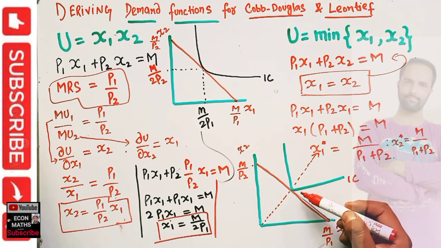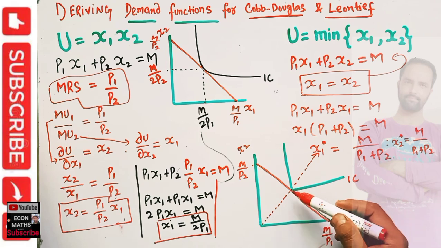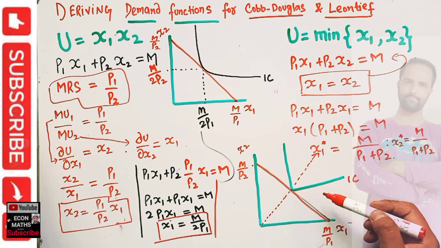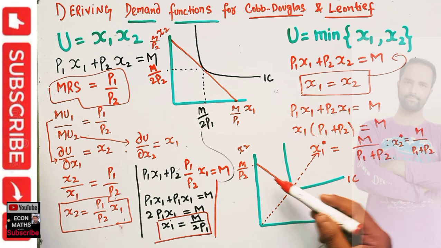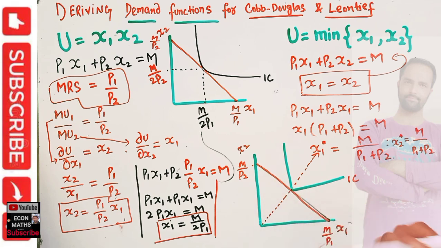Our indifference curve will meet the budget line at its kink. That means the corner of the indifference curve will touch the budget line in case of a perfect complementary utility function when we try to maximize it.